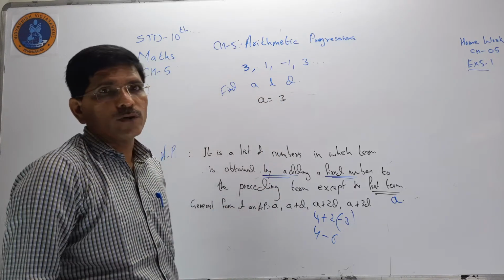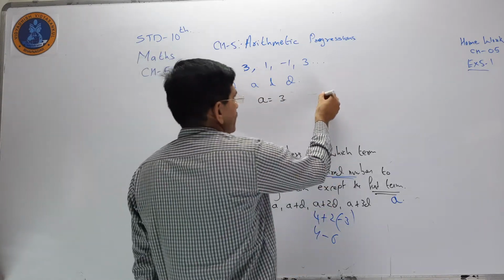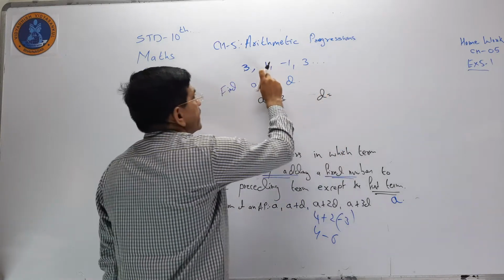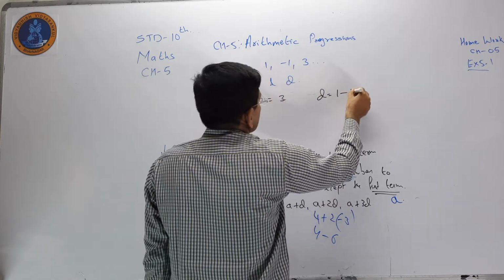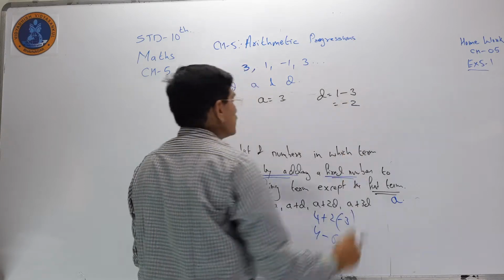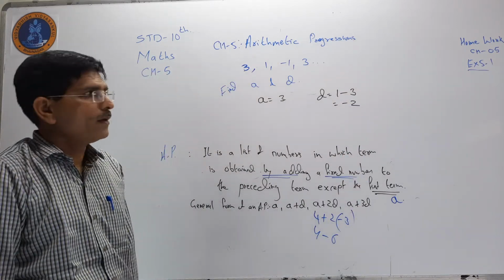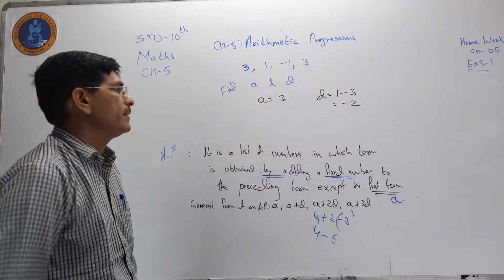How do we find the common difference? D is equal to 1 minus 3, that is minus 2. So the question is to find A and D.